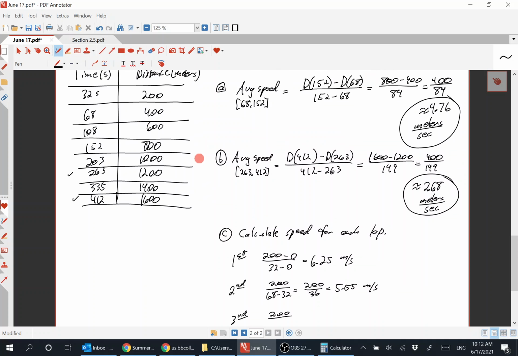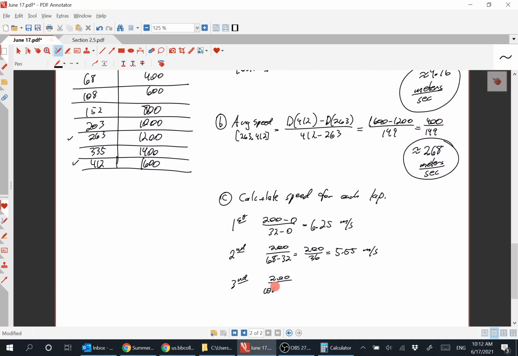How many seconds? 108 minus 68, so this is 40. So 5 meters per second, and so on and so forth. So he's slowing down the first 3 laps, starting at 6.25 meters a second, 5.5 meters a second, 5 meters a second. So these are his average speeds over each lap.